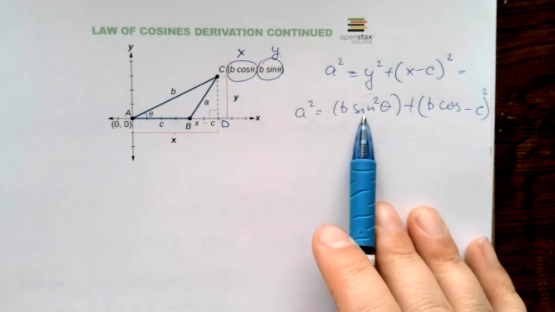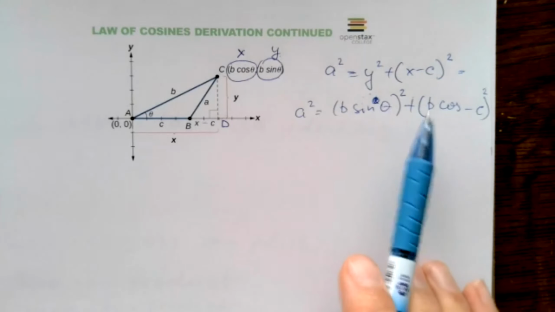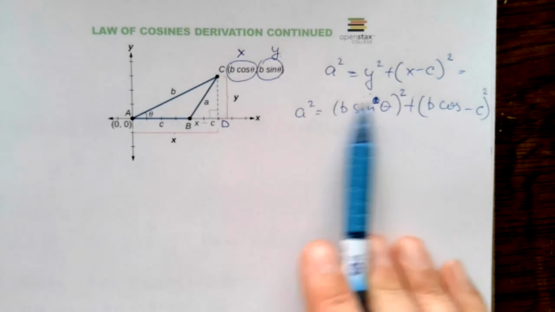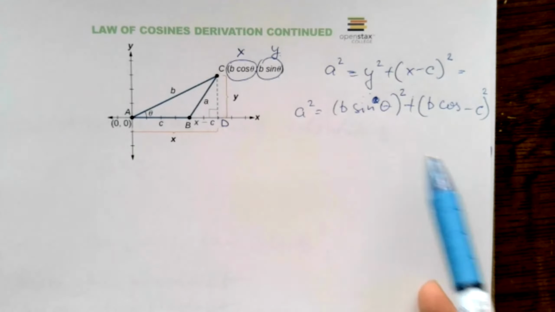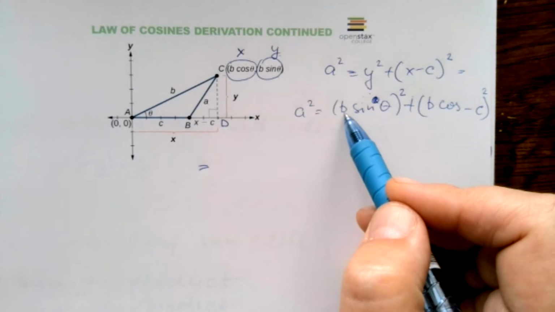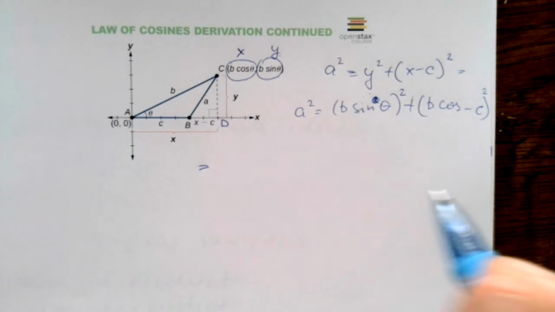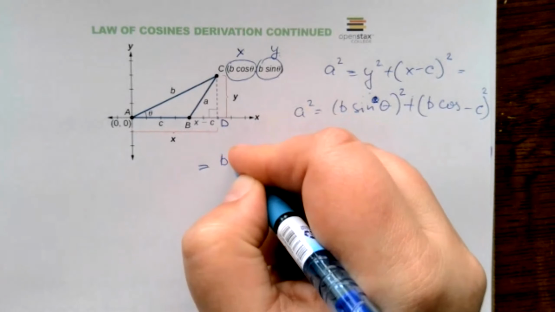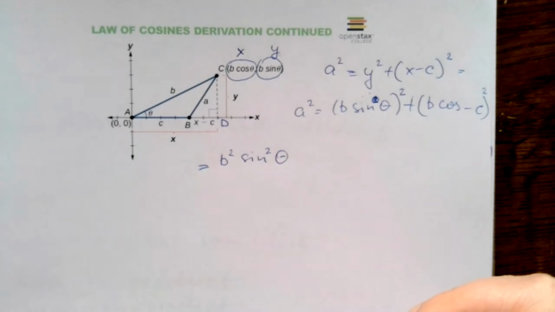Sorry, this square is outside. Now I'm going to open up these squares. This is a monomial squared. We have two factors, b times something else, and both of them get squared. So we get b squared multiplied by sine squared theta.